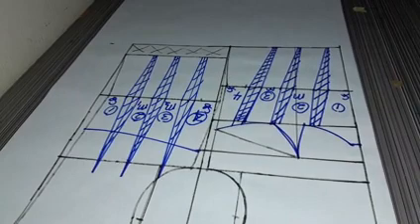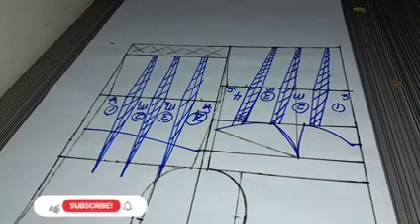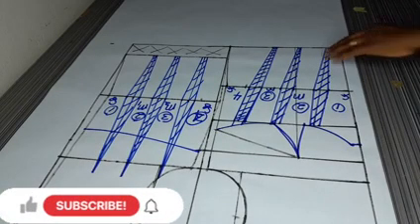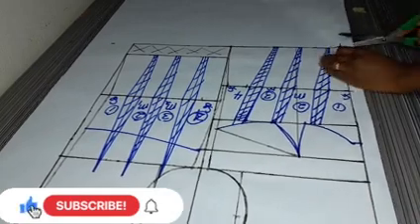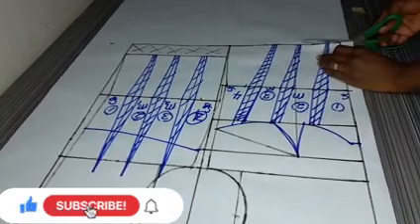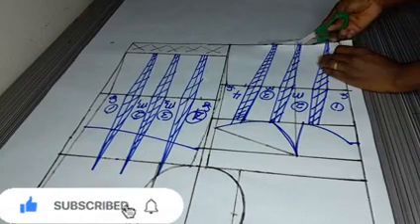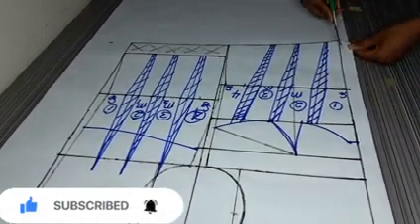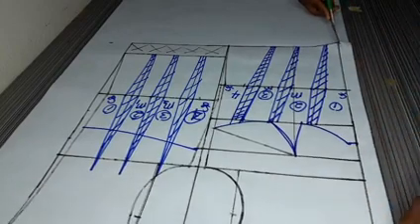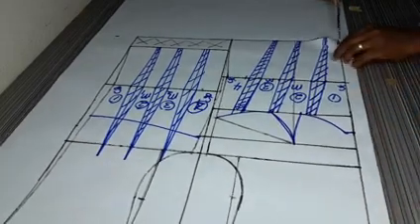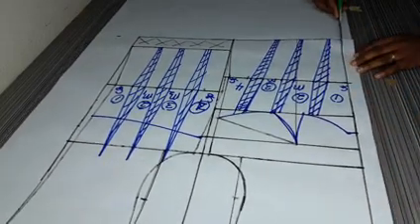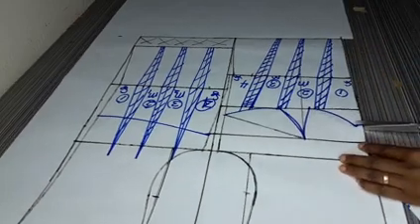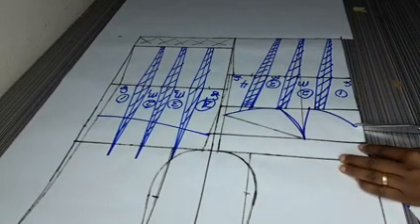So let's cut out now. This is just a starting point line. This has nothing to do with our measurements. So I'm going to start cutting from there.